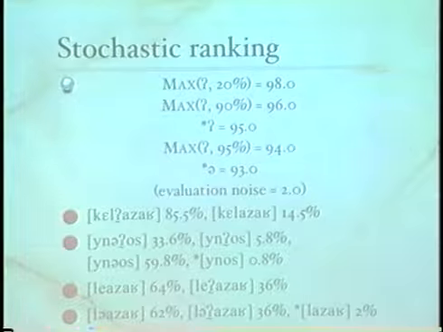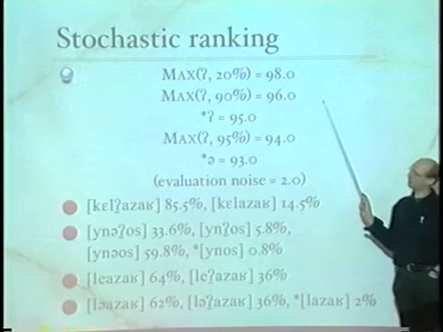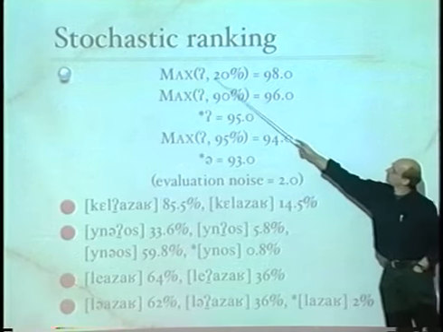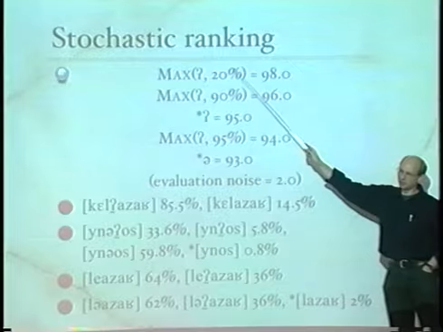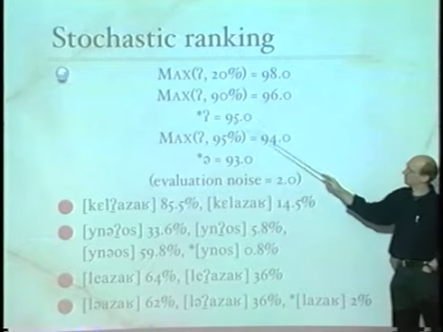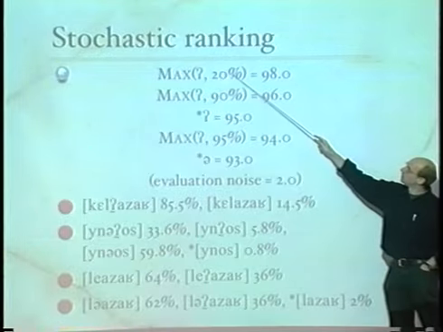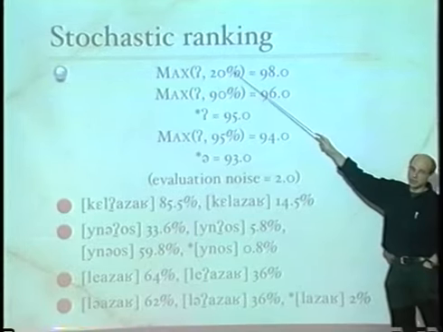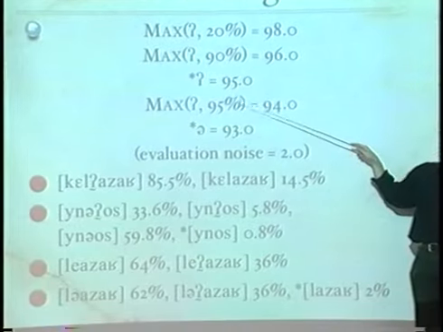I've showed you 3 probabilistic listener-oriented faithfulness constraints, right? Pronounce an underlying glottal stop as something that will be perceived as a glottal stop 20% of the time, 90% of the time, 95% of the time. It's of course more important that the listener perceives it as a glottal stop 20% of the time than 95%, right?